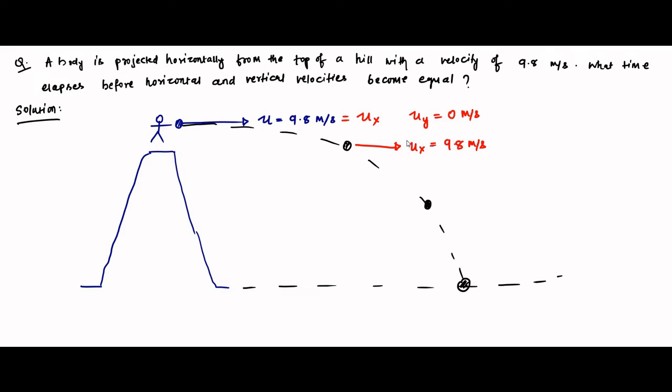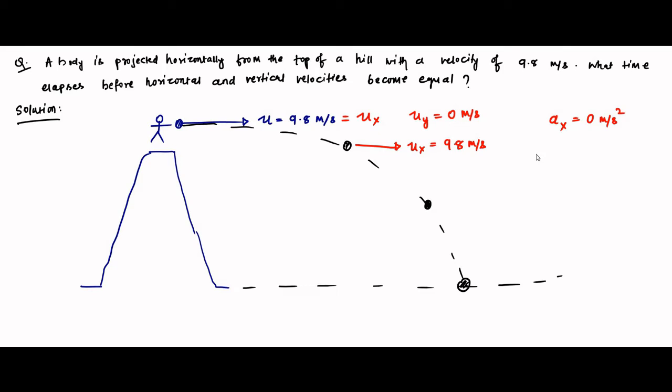There is nothing to oppose the horizontal motion or support it. The acceleration along the horizontal direction is 0, that's why there will be no change in the horizontal velocity component. It will remain constant, uniform throughout the motion until it hits the ground.